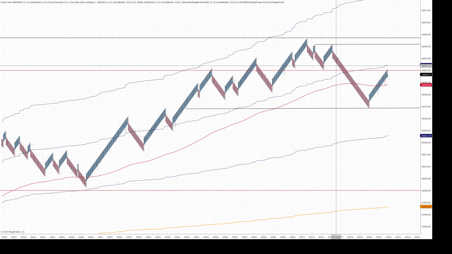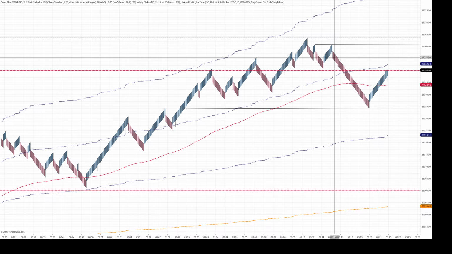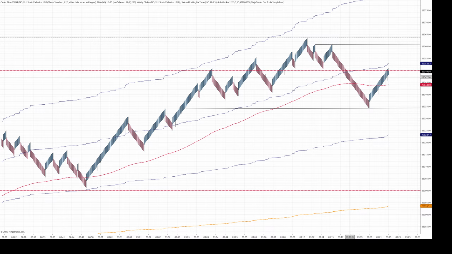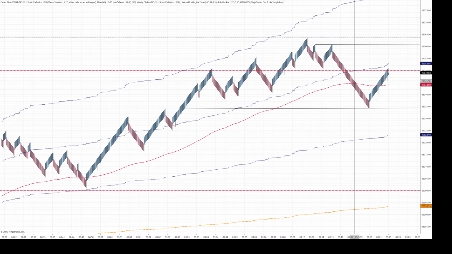But if we have smooth price action, then you'll start noticing that the bricks are being layered one on top of the other in a particular direction, whether it's bearish or bullish.